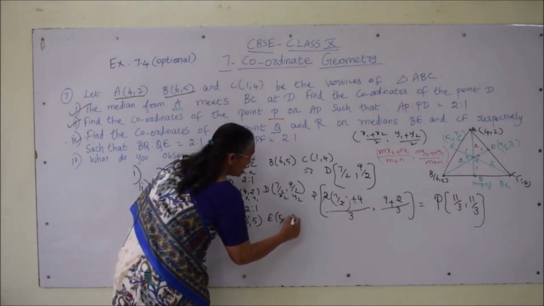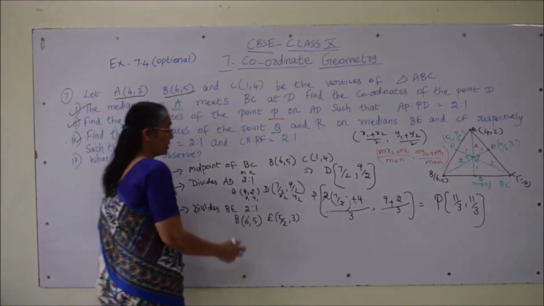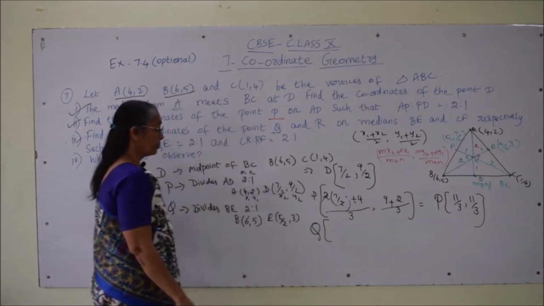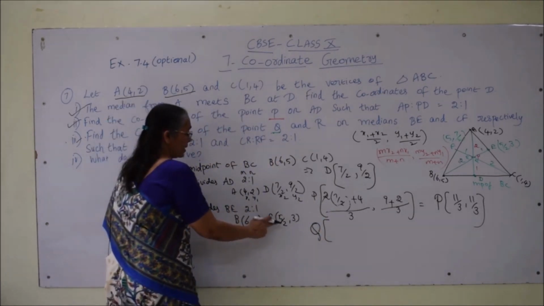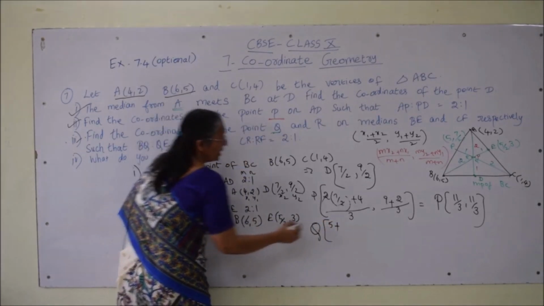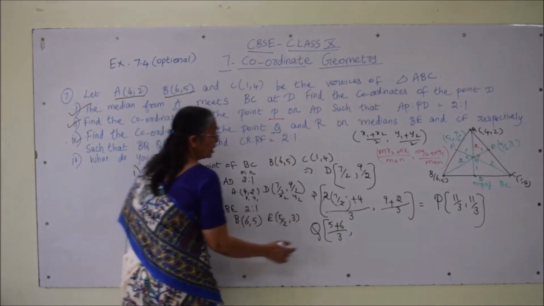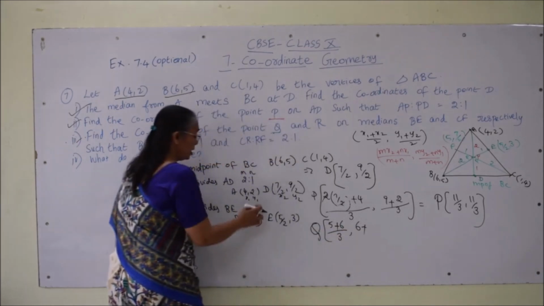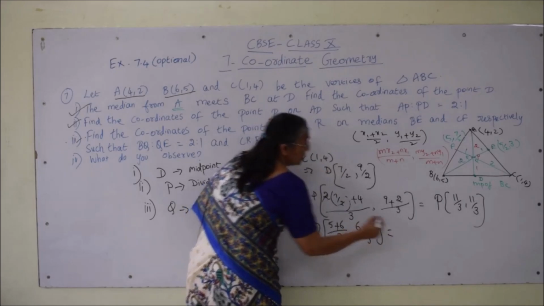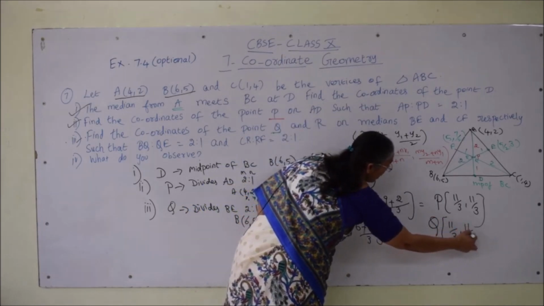Again the ratio is 2:1, same section formula, (mx2 + nx1). So, for Q: 2 into 5/2 is 5, plus 1 into 6, 6, by m plus n, 3, gives 11/3. And my2: 2 into 3 is 6, plus ny1, 1 into 5, 5, divided by 3, gives 11/3. So Q point is also (11/3, 11/3).